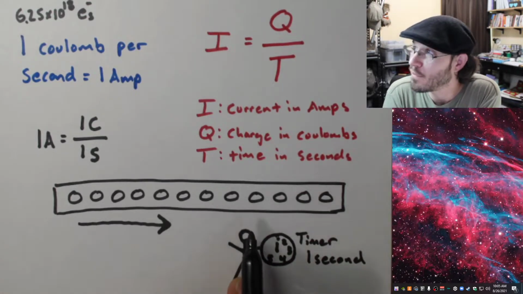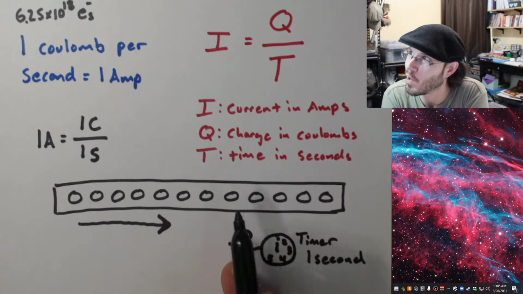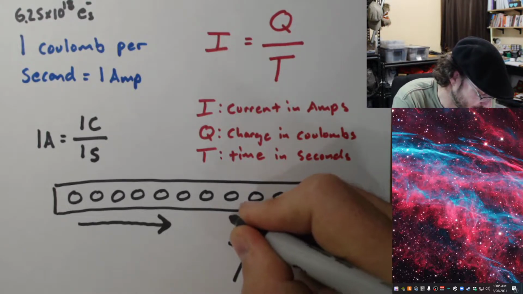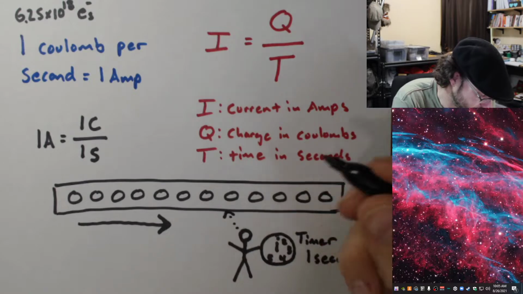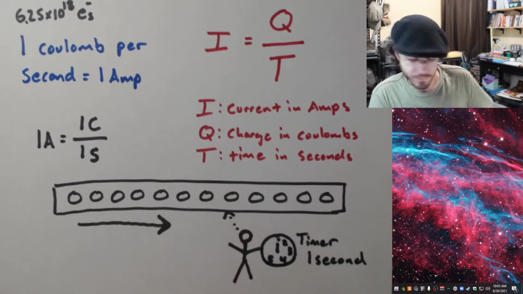And I have some type of superhuman vision because I can see right into this wire and I can actually watch these electrons whizzing through. And I can just sit there and I can count them.